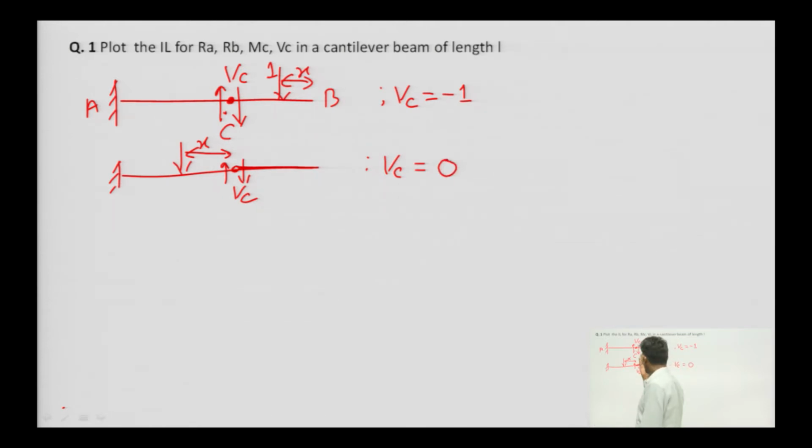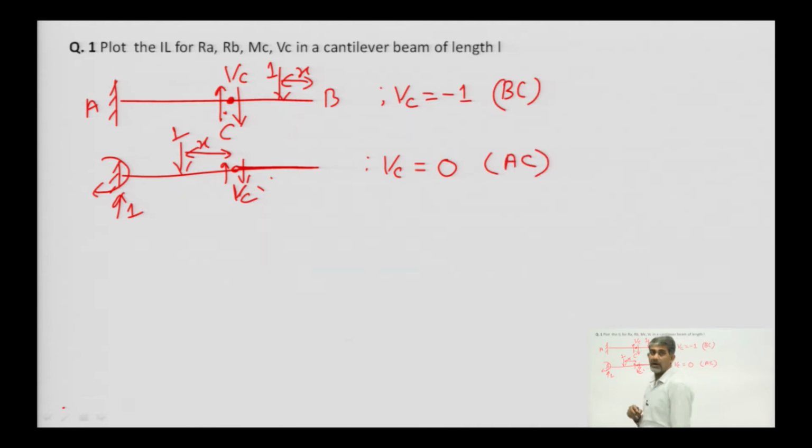If you consider the other segment, of course unit load is there, but there will be some vertical reaction also, so Vc value will be 0. So, this equation is valid for segment BC, and this one is valid for segment AC.